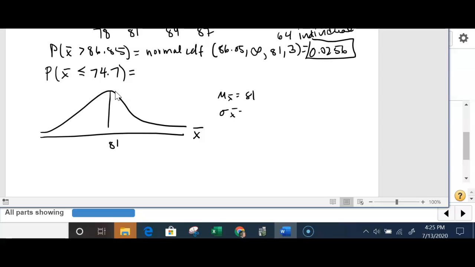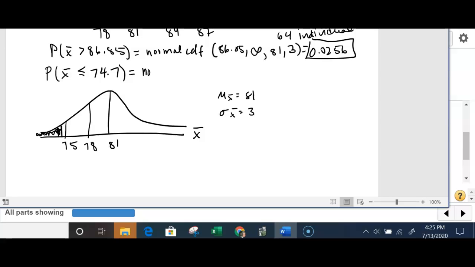Sigma of x bar was 3, remember? So this is going to be 78, that one's going to be 75. So right below that is 74.7, and it's going to be that area. Okay?